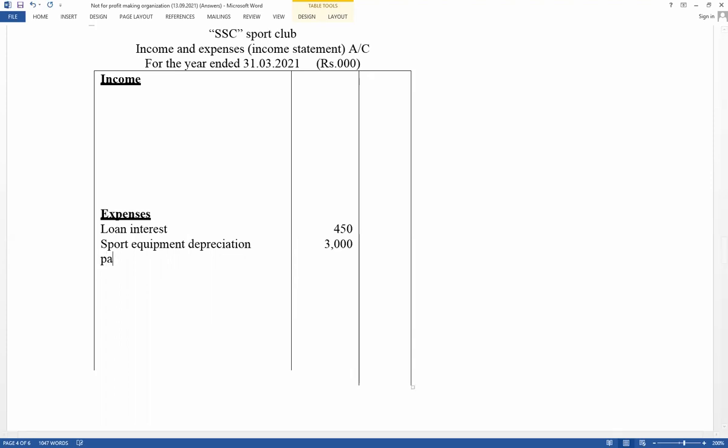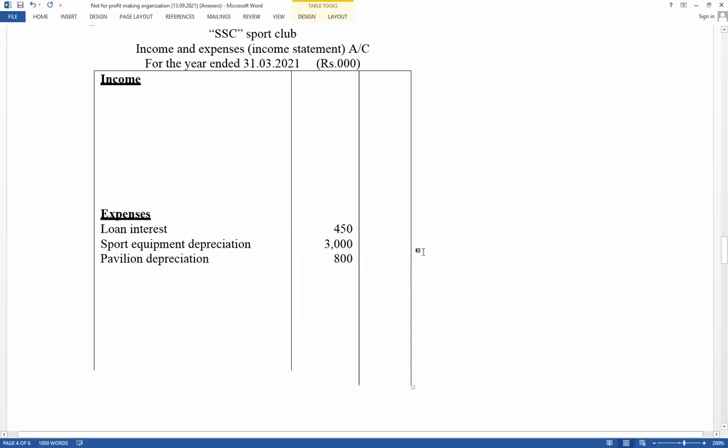As well as pavilion depreciation. Pavilion depreciation value equals 800. Annual depreciation should be included under expense.